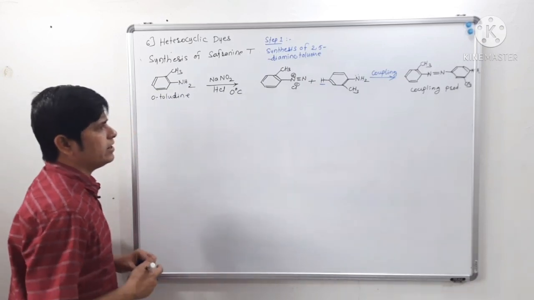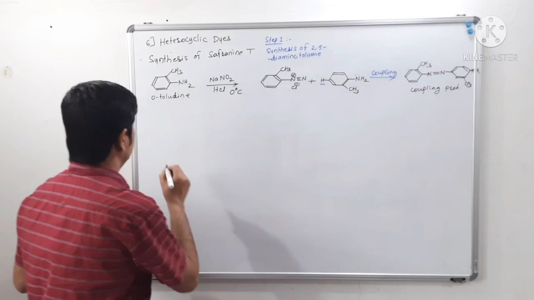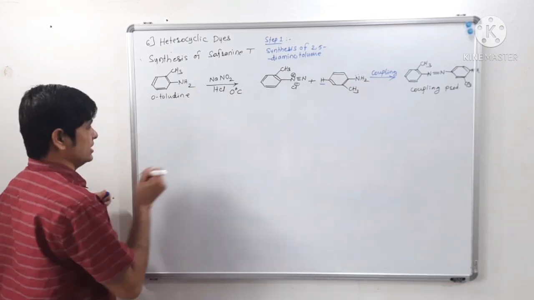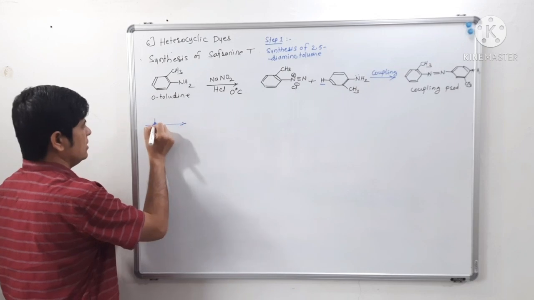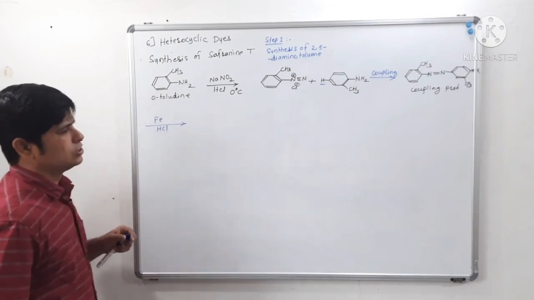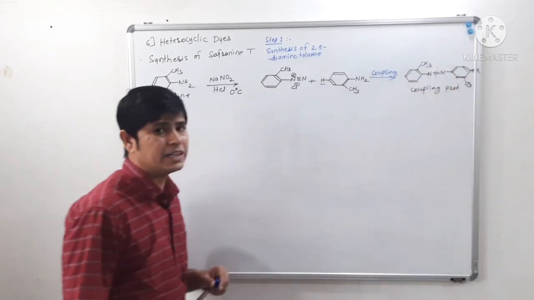Now this coupling product is on reaction with iron and hydrochloric acid, a reducing reagent. So there will be reduction at this place, a reductive cleavage.